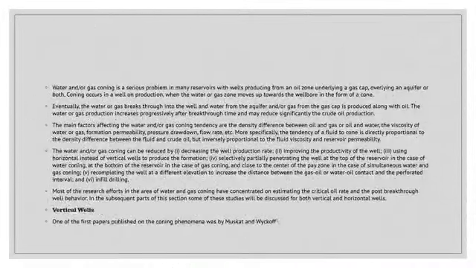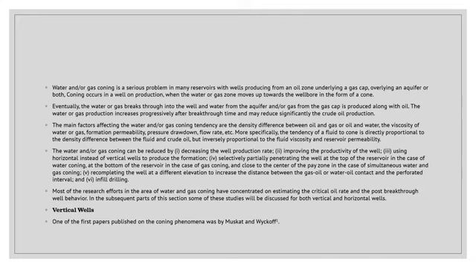Water and gas coning is a serious problem in many reservoirs, with wells producing from an oil zone overlying an aquifer or underlying a gas cap. Coning occurs in a well on production when the water or gas zone moves upward toward the wellbore in the form of a cone. Eventually, the water or gas breaks through into the well, and water from the aquifer and gas from the gas cap is produced along with oil.